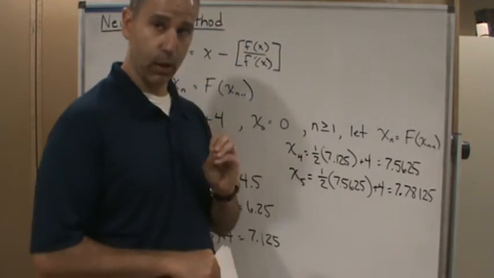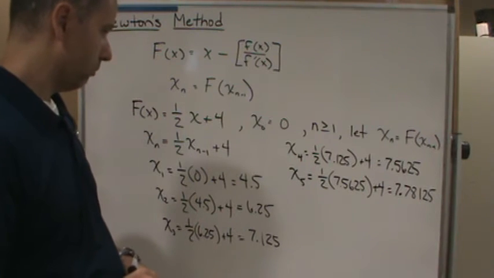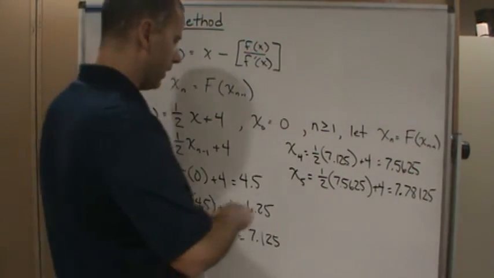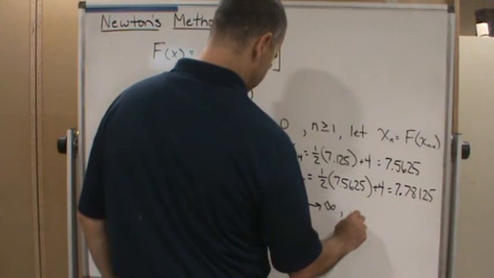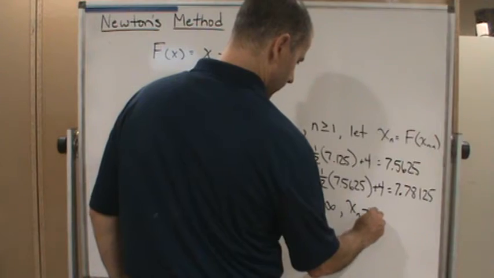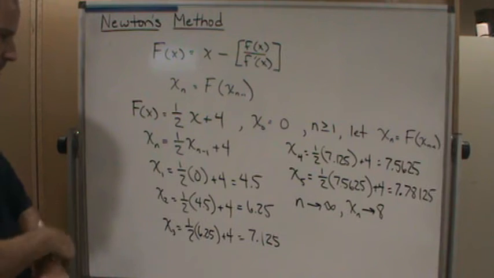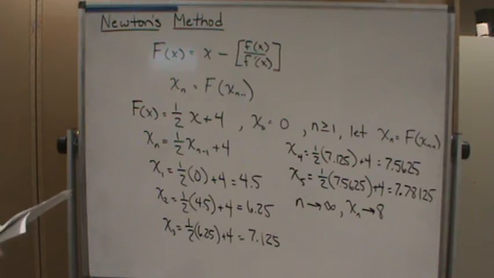So the jumps are getting smaller, but it looks like it's heading towards 8. My conjecture would be that as n approaches infinity, the iteration x of n is approaching 8. This would be taking a limit, finding the limit for an iterative process.